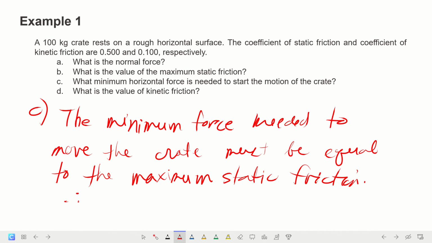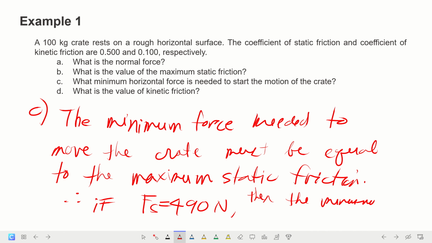Therefore, if our Fs, our static friction, equals 490 newtons, then the minimum force must be 490 newtons. So, ito yung answer natin sa letter C.